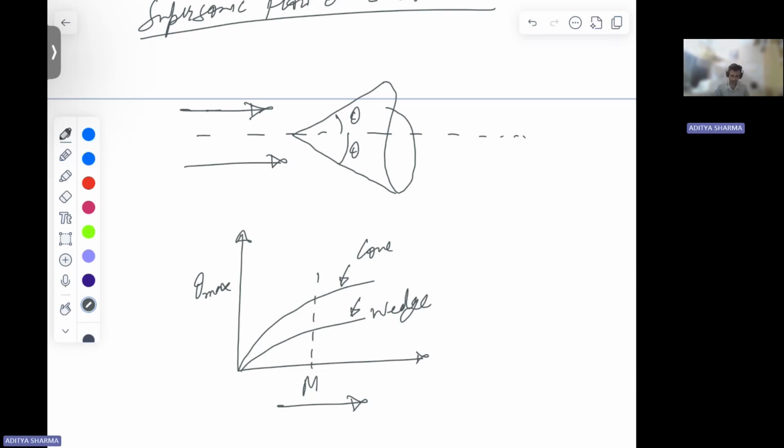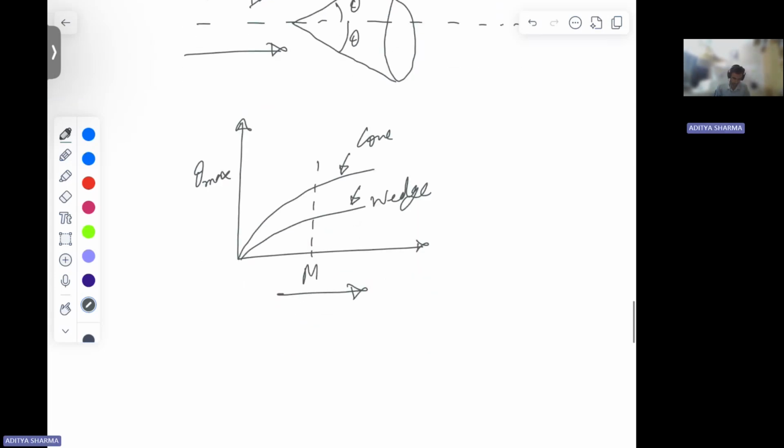First difference is that for same Mach number, the maximum deflection angle that is allowed, for cone, it is going to be higher. For wedge, it is going to be lower. Why so?